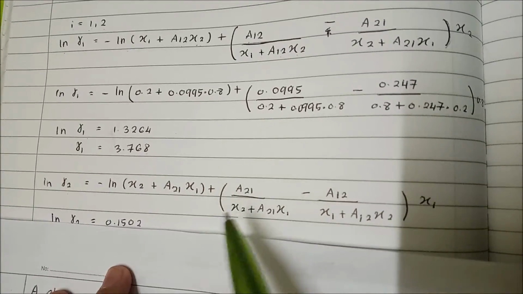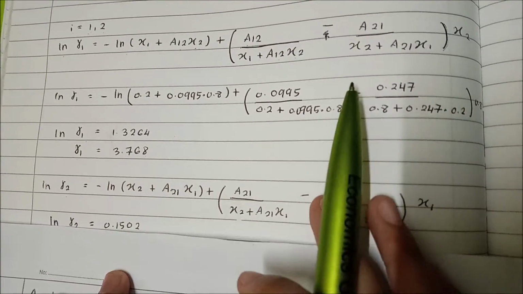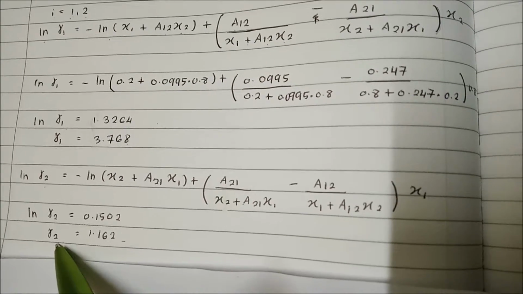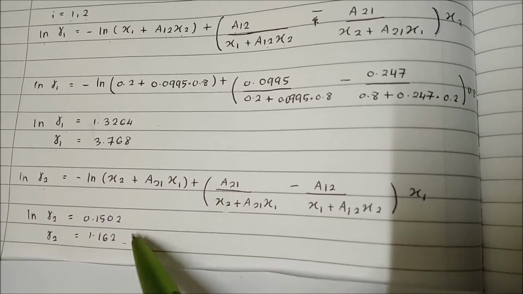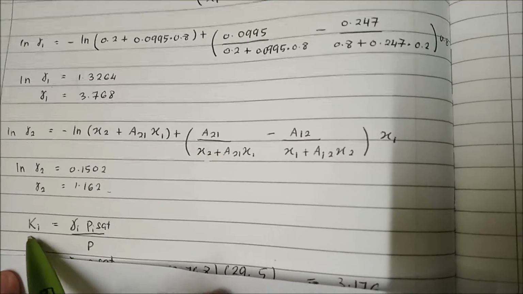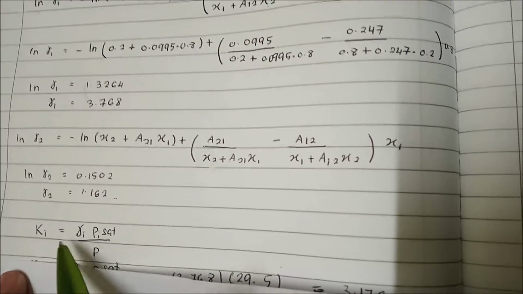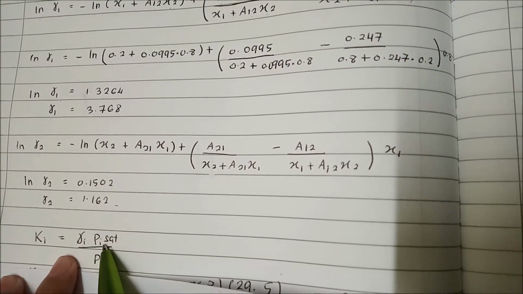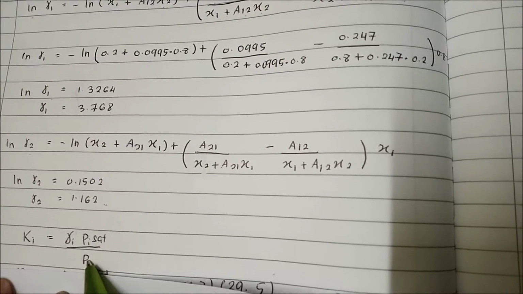We have to do the same thing for our second component, which is isooctane, and we get the activity coefficient for the second component as 1.162. As stated before, the K ratio is equal to the activity coefficient times the vapor pressure divided by the total pressure.